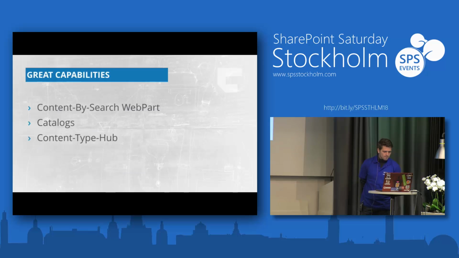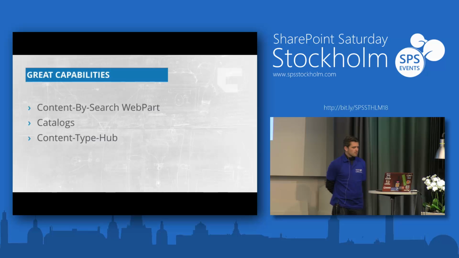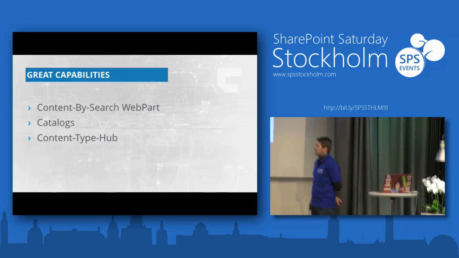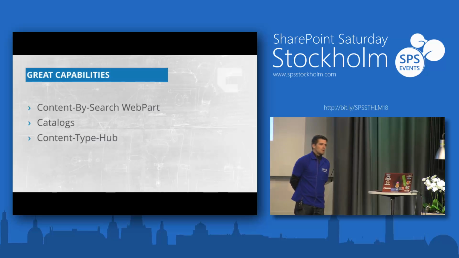On the other hand, we have some cool features which you can use to bring content into your WCM portals. The content by search web part, I think almost everybody has heard of it. Catalogs are also a feature that we use in almost every branding or public-facing website project. And last but not least, the content type hub, which is really important when you consider building more than one public-facing website.